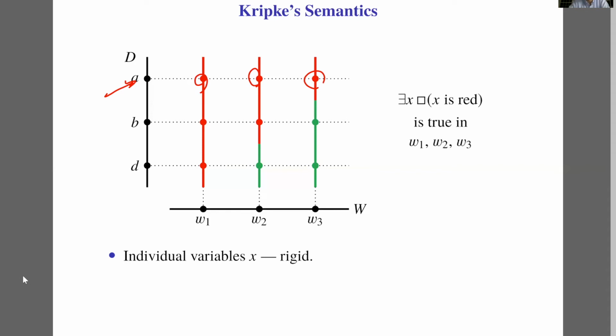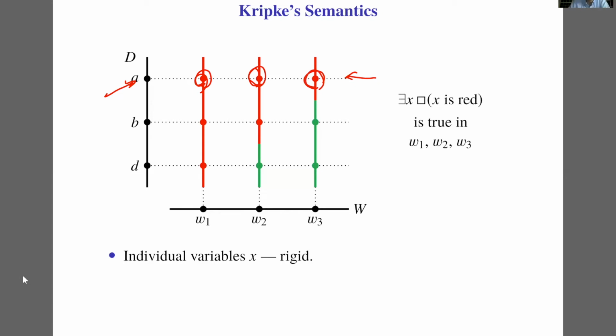So x ranges over these things in the domain. Therefore, whenever we say x is such-and-such in each world, we are talking about this sort of cross section.